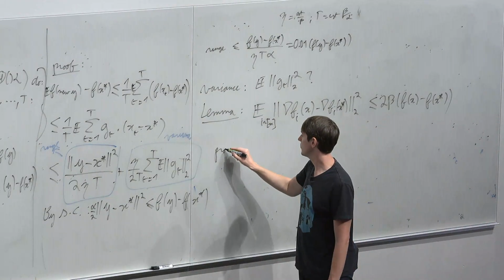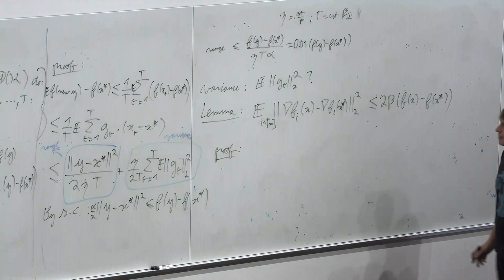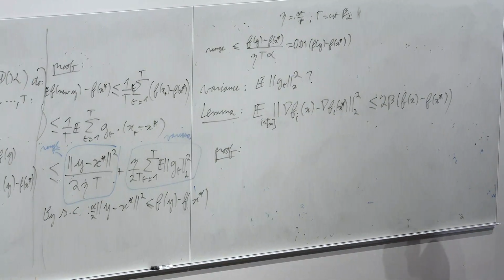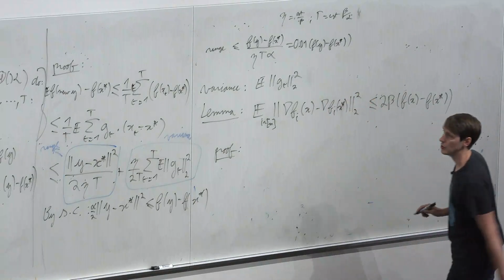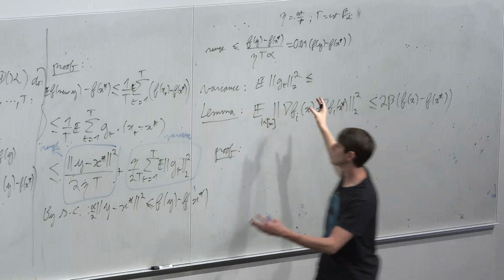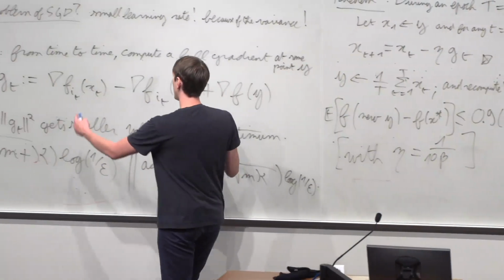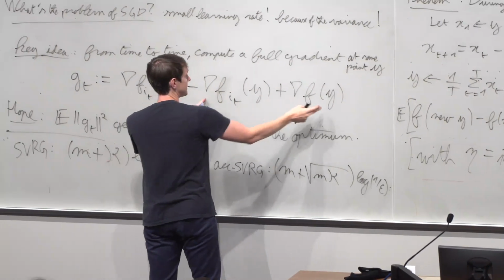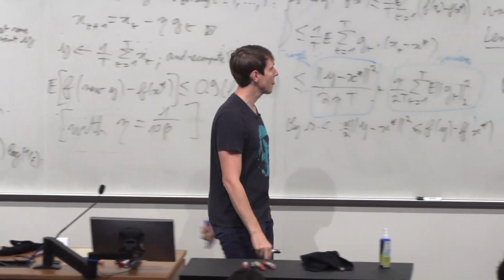But before I do this proof, let me show how to end the calculation assuming this lemma. So assuming this lemma, what do we have? For this variance term, I get two things. I'm just going to use the triangle inequality to bound that term plus that one, and I'm going to plug in the grad f of x star.